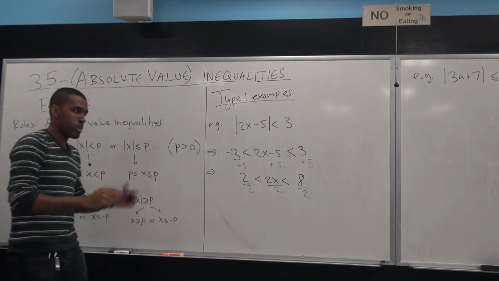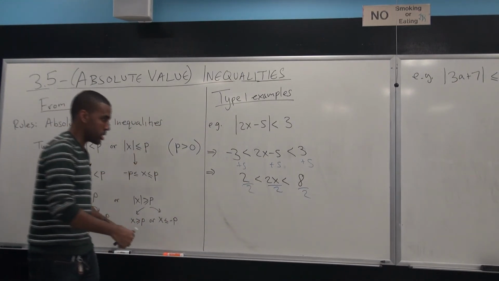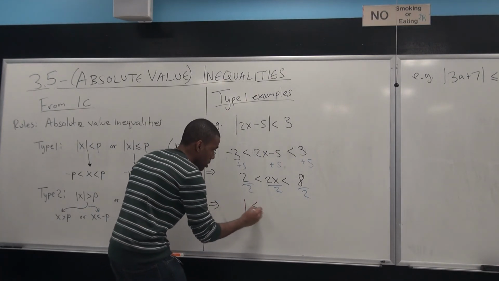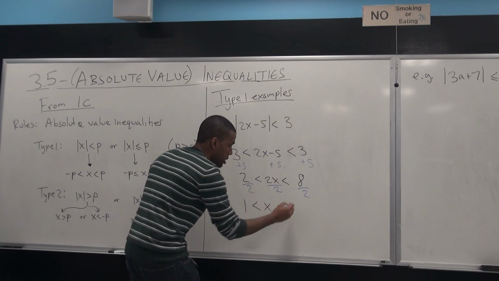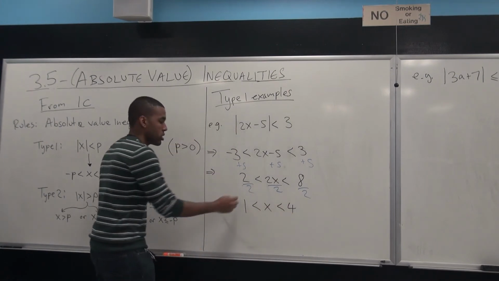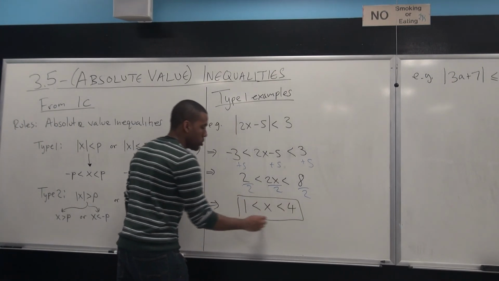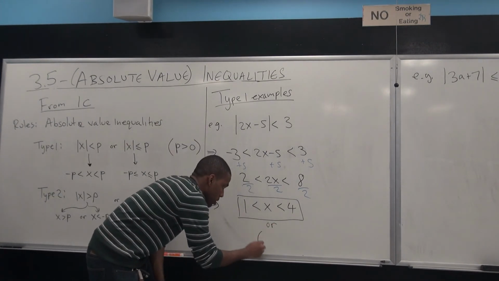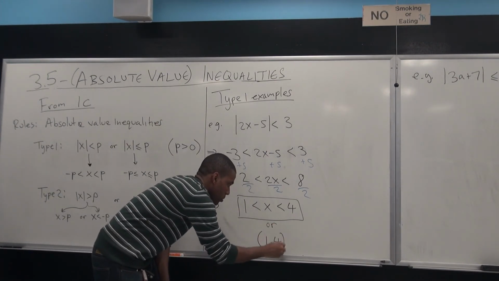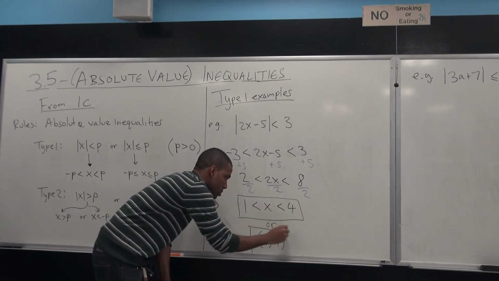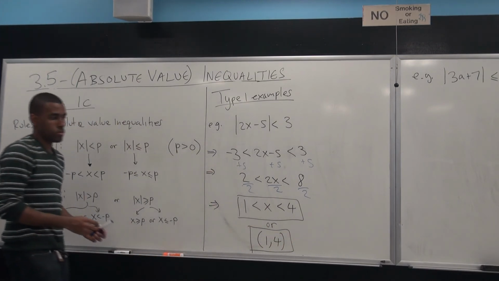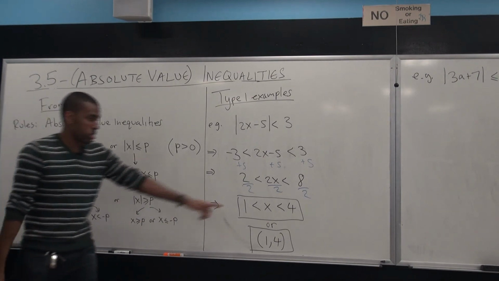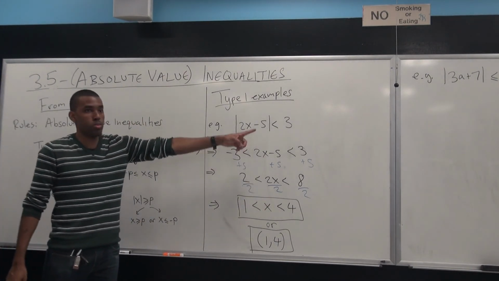An inequality is just like an equal sign, so you have to do it on all sides. So at this point now you get 1 less than x less than 4. So that's your solution. Your x has to be between 1 and 4. Or in interval notation, parentheses 1, 4, close parentheses. As long as your x is between 1 and 4, this will be true.